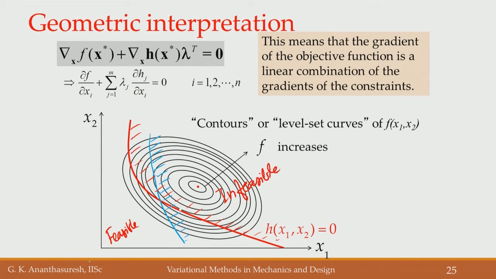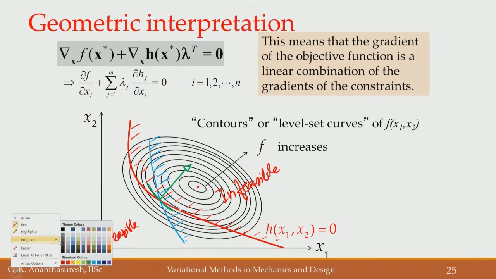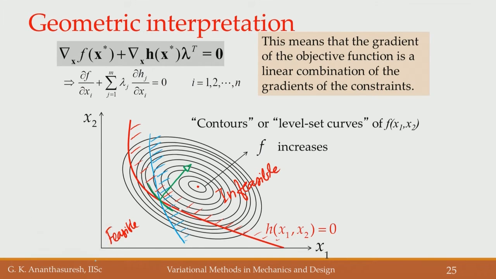At this point the gradient of the objective function will be something like this, because the contour is like that, that is how it increases. Gradient always points in the most increasing direction. Now, at that point let us put the gradient of this cyan one, which will be like that.